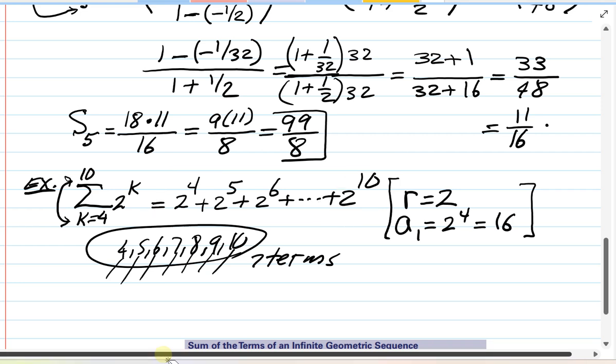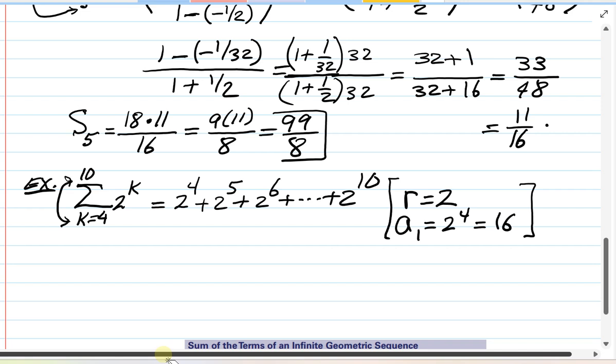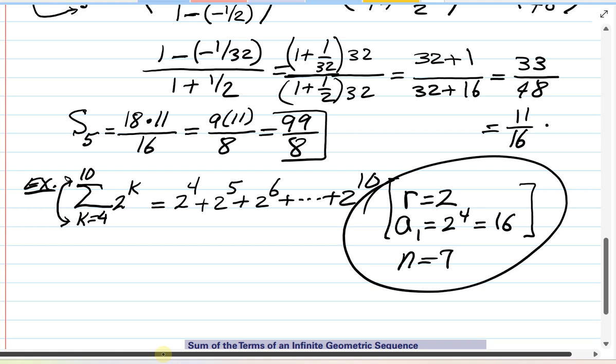So we have 7 terms. Keep that in mind. And therefore, n is 7. And what I really want to do is, for this geometric series with these specifications, find the sum of the first 7 terms.